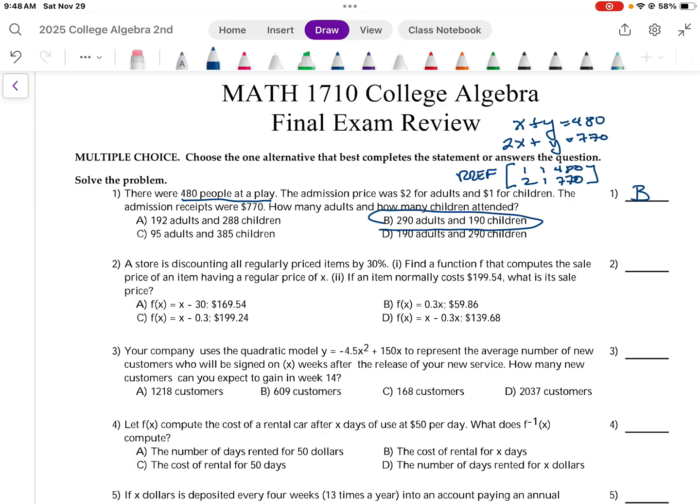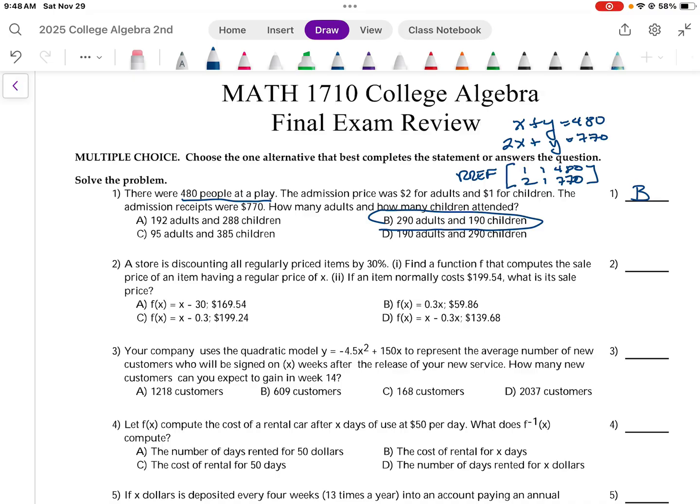Number 2, excuse me. The store is discounting all regular priced items by 30%. Find the function f that computes the sale price of an item having a regular price of X. And then second, if an item normally costs $199.54, what is the sale price? All right, well, there's a couple ways you can think about it.